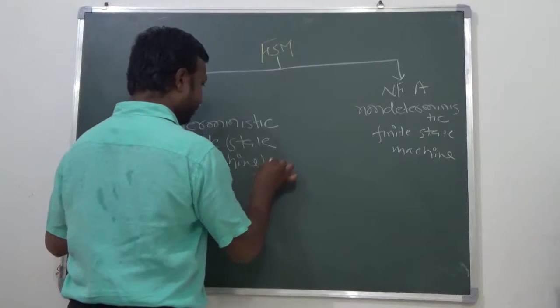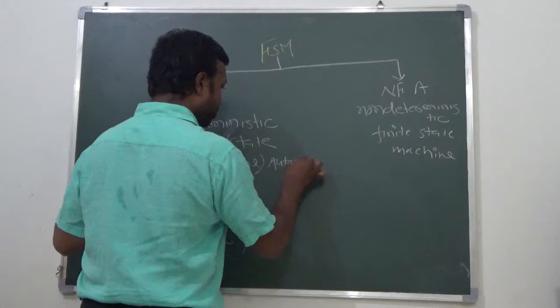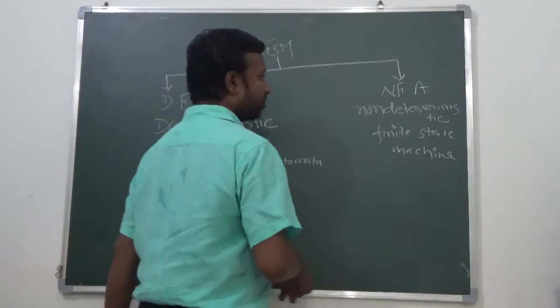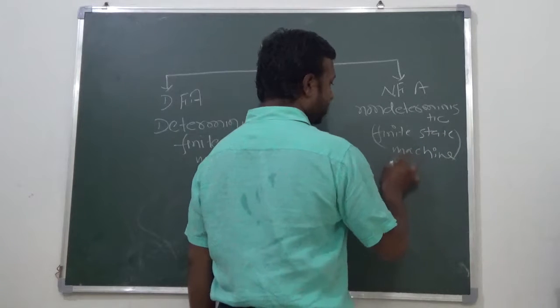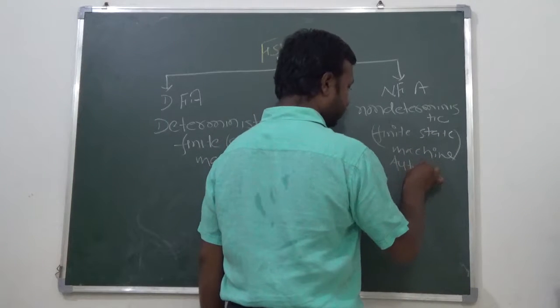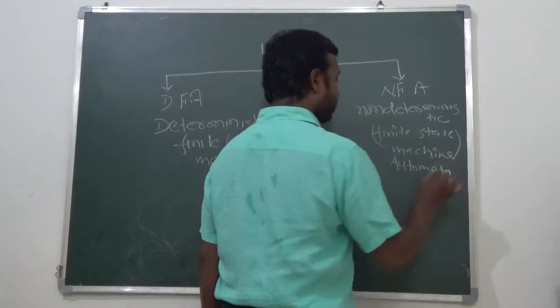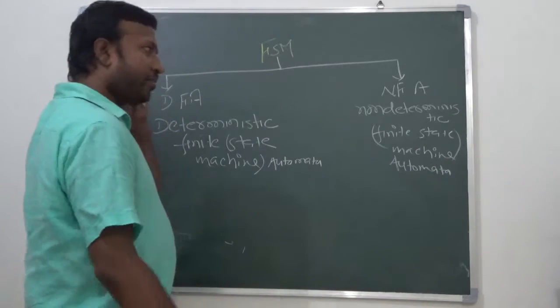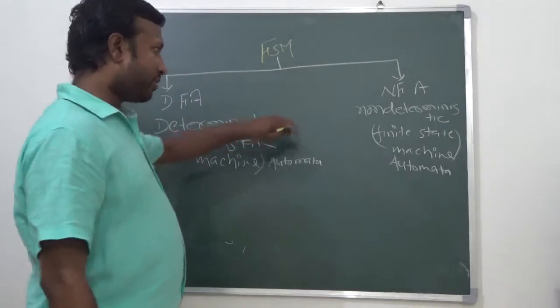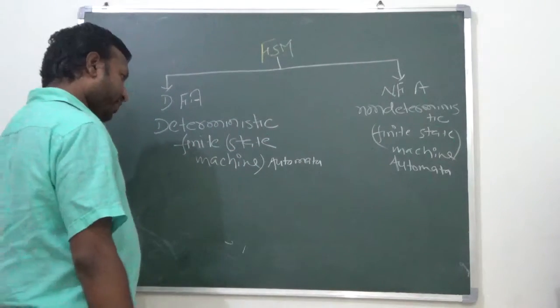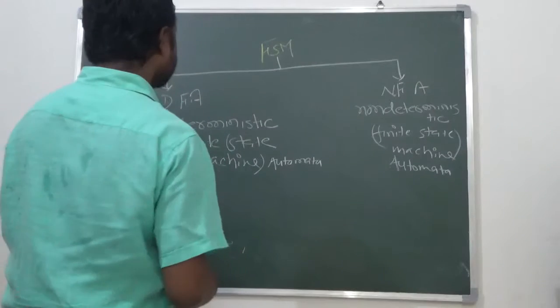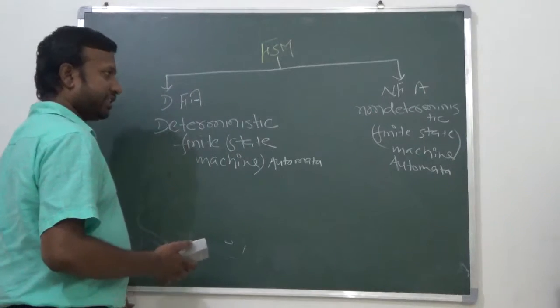Instead of having the machine, we can say automaton. So instead of finite state machine, we can say finite automaton. Okay, so both are the same thing, but it is non-deterministic automaton or deterministic automaton, right? Or the deterministic finite state machine or the non-deterministic finite state machine.